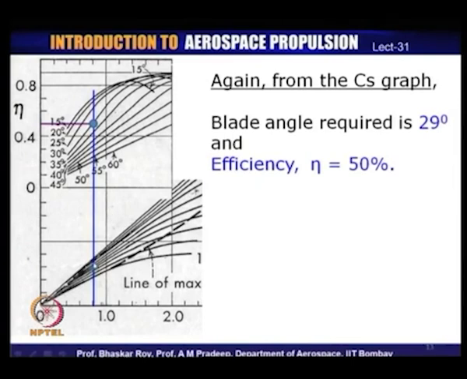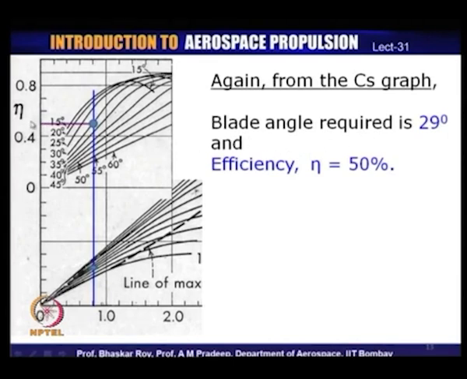This is where the solution point is, and we get a blade angle of 29 degrees, which is slightly less than the 30 degree line over here. As we come along this, at the C_s value we have found, the solution blade setting angle would be 29 degrees. If you proceed along that to the 29 degree solution angle, you would get a propeller efficiency of 50%.